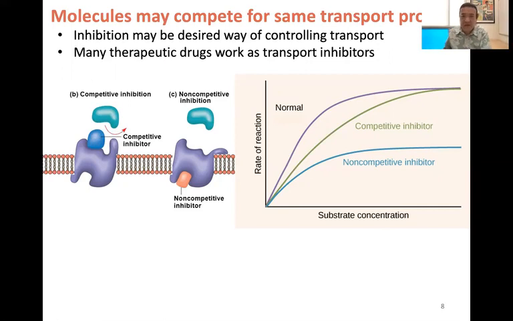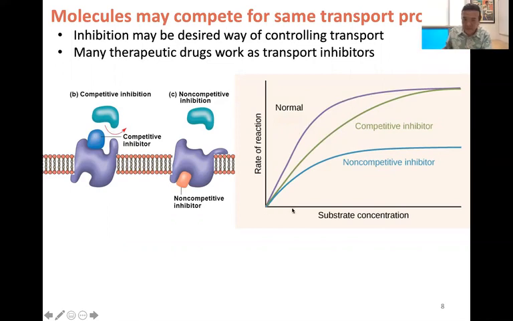So if we were just to think about the movement of this light blue protein into the cell, based on the fixed number of dark purple proteins on the surface, it would follow this purple line over here.